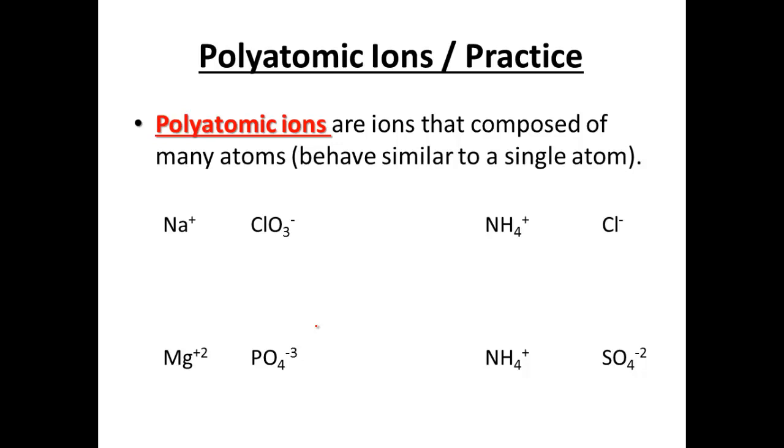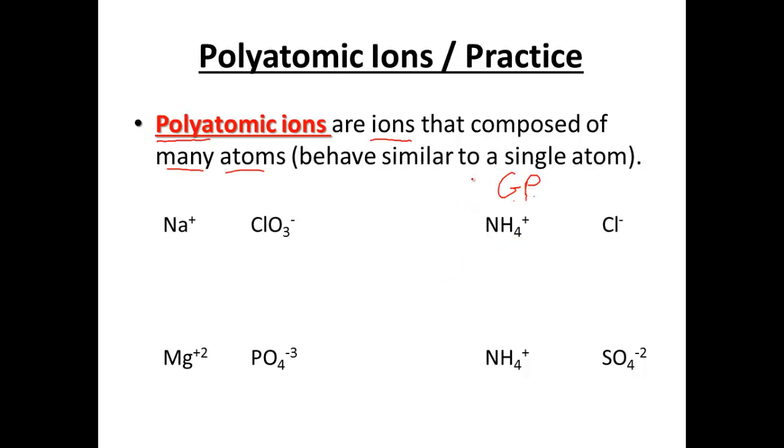Polyatomic ions. Poly means many, atomic means atoms, ions are charged particles. So they are many atoms that are ions, positive or negative, and they behave similar to a single atom. We're going to see a lot of them in our gold packet coming up. An entire second page has a bunch of our polyatomic ions.